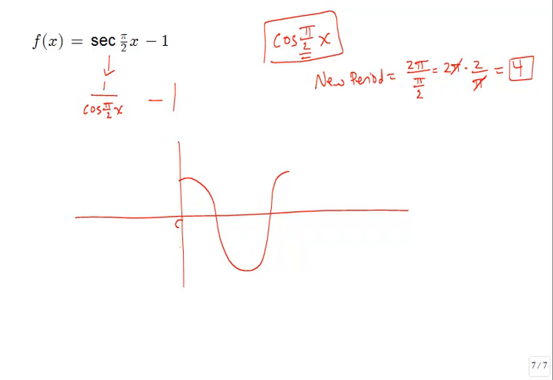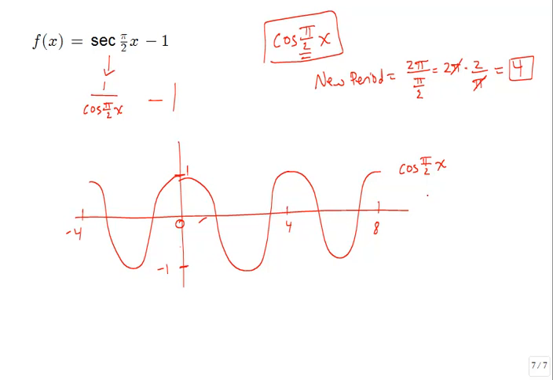So this would start at 0, and that means this has to stop at 4. If you wanted to draw a couple more cycles, this would have to stop at 8, and this one over here would stop at -4. So adjust your scale to be what you want. I didn't have an amplitude change, so this is at 1, and this is at -1. So this graph in red is cosine pi over 2x.